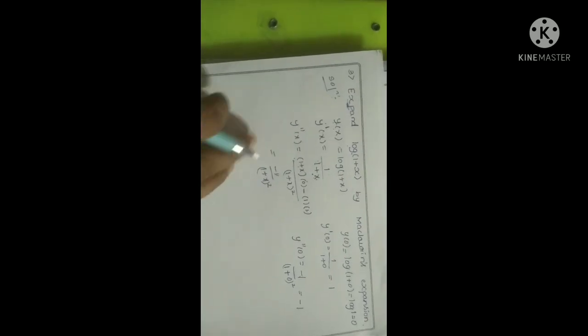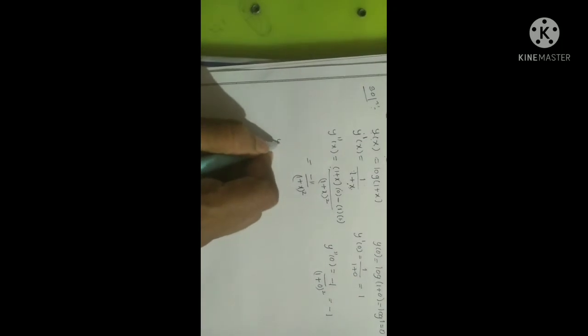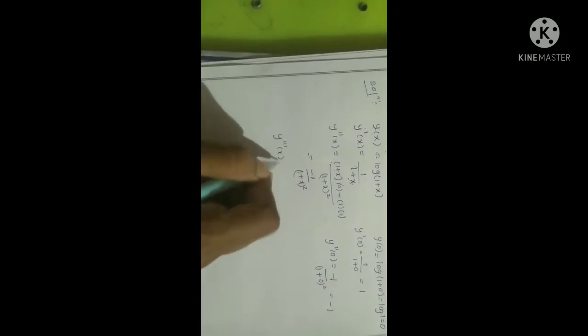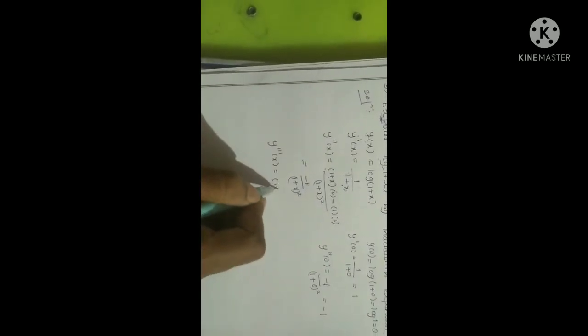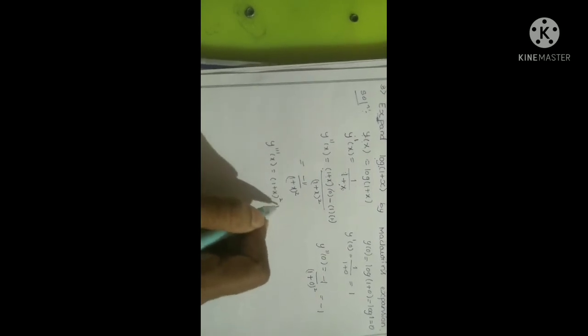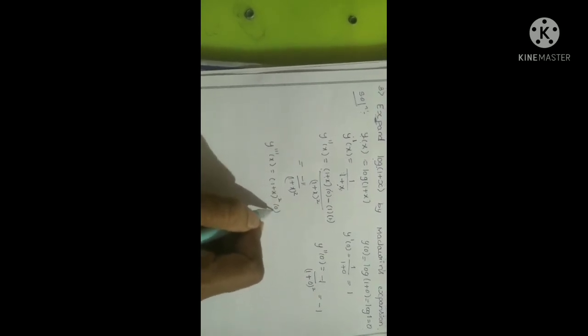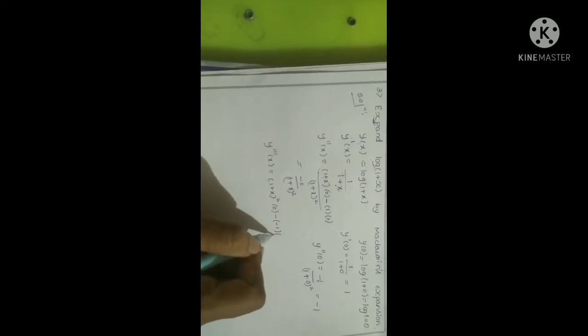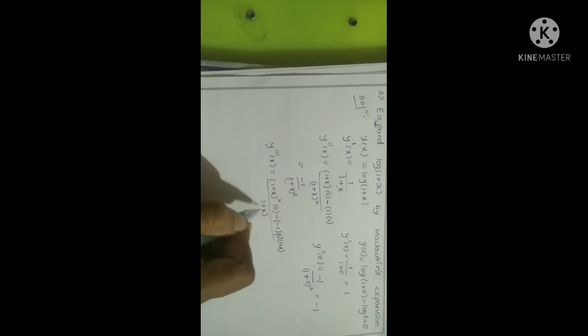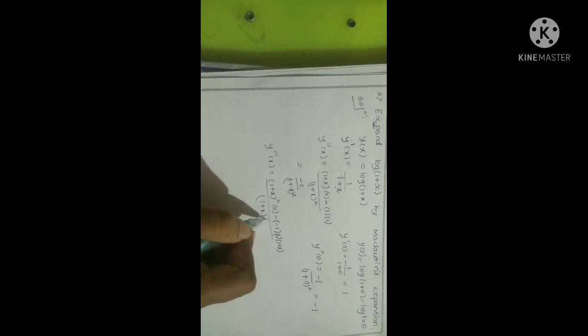Next, further differentiation: y double dash of x changes to y triple dash of x equals minus, again by the quotient rule, denominator 1 plus x whole square into differentiation of numerator is 0, minus numerator into differentiation of denominator, which is 2 into 1 plus x, divided by 1 plus x whole to the power of 4.